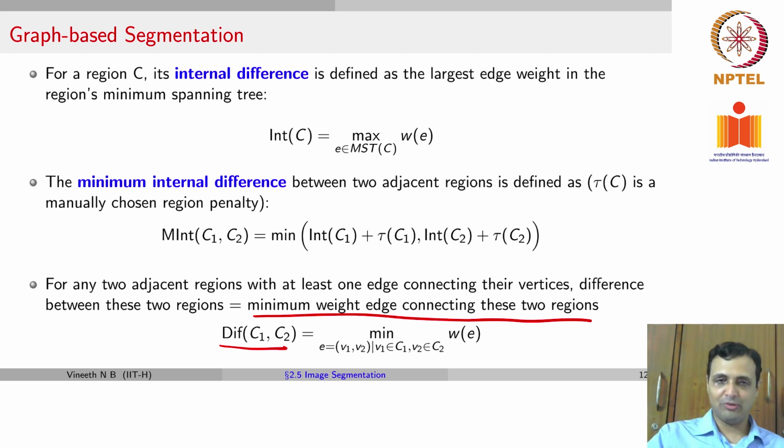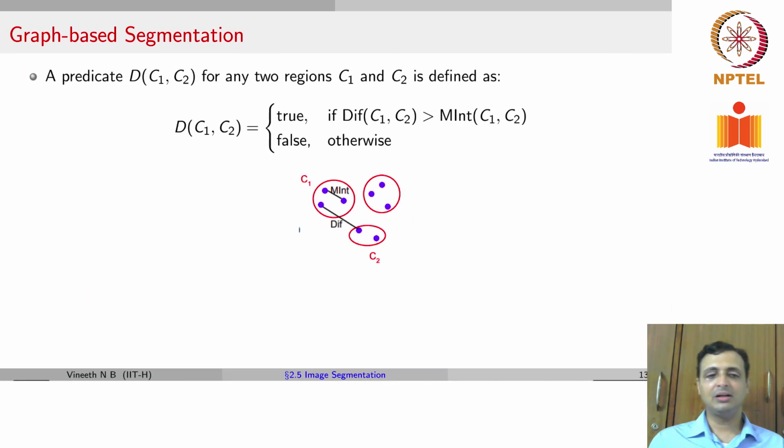With these quantities defined, the method defines a predicate D for any two regions C1 and C2: if diff of C1 and C2 is greater than the minimum internal difference between C1 and C2, then you say it is true, otherwise you say it is false.